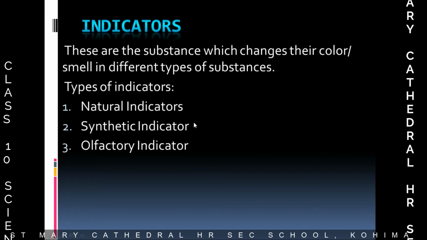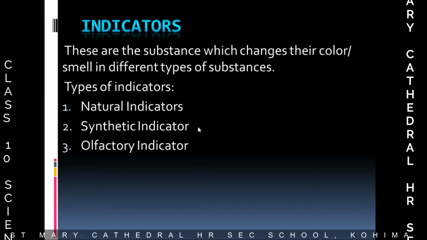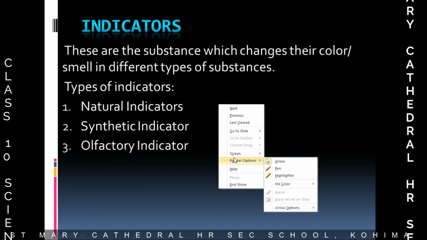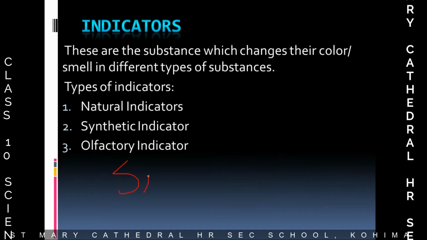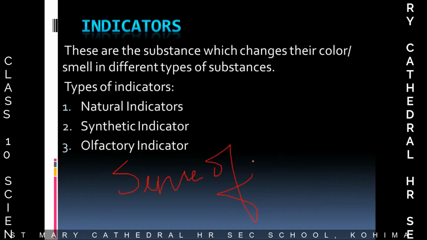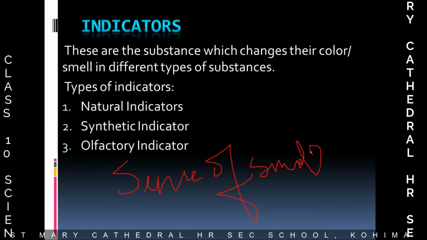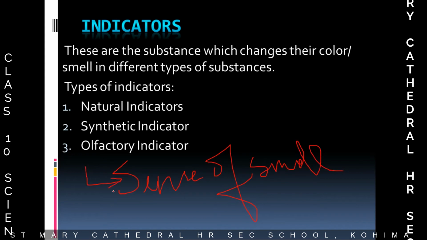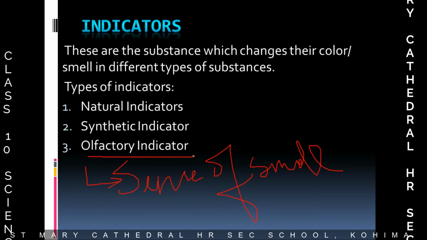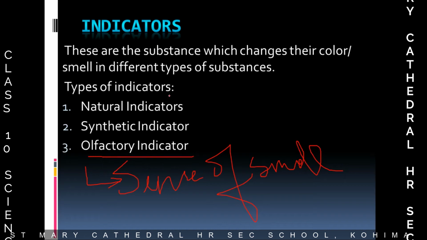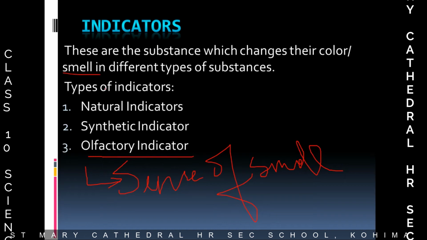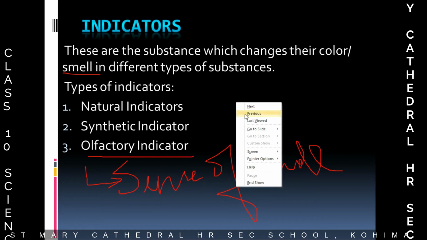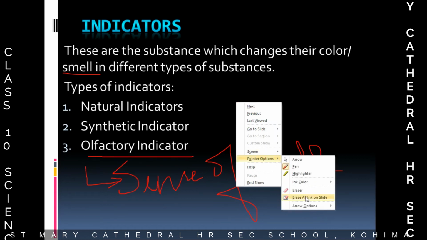If you have studied your life process thoroughly, you will see that olfactory is also called the sense of smell. Related to our brain, it helps us differentiate smells. Olfactory, sense of smell, so it will help us with the change in smell. All right, let us see one after the other with examples, which will make it much easier.